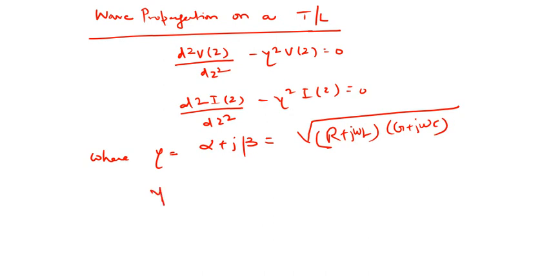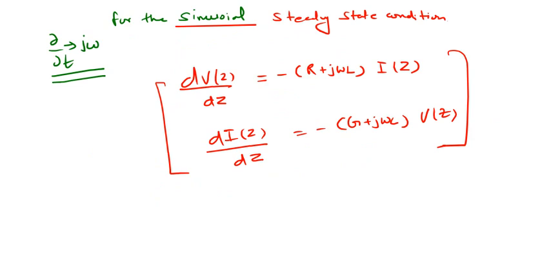So this gamma is not a constant quantity, it is a complex quantity, and it is dependent on frequency.